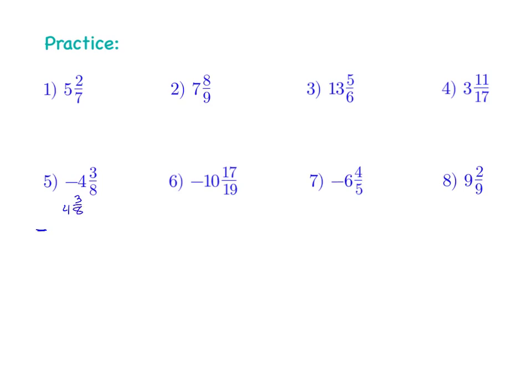If we do it in method 1, what do I do to convert this? 4 times 8, which is 32, and then what do I have to do with the remainder? Add 3, so that's going to become 35, so this is negative 35 over 8. You treat it just like a positive one, but you make it negative at the end.